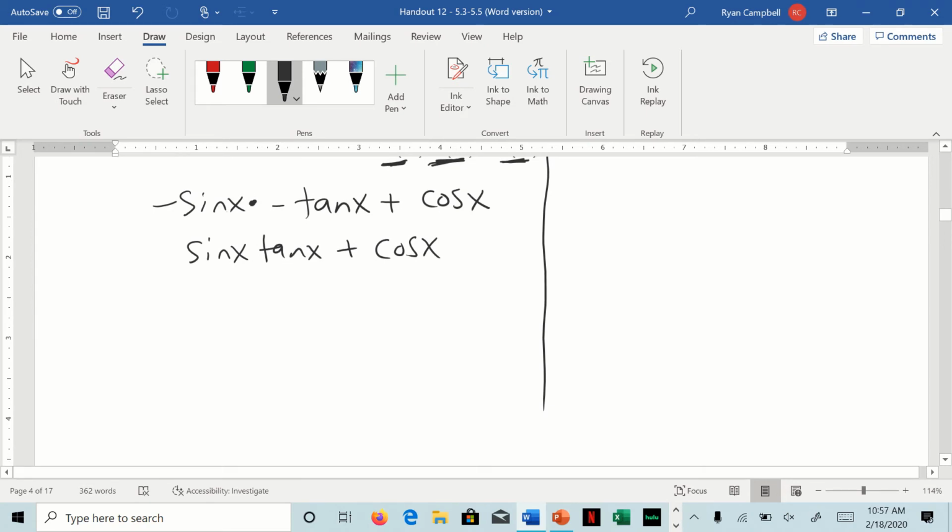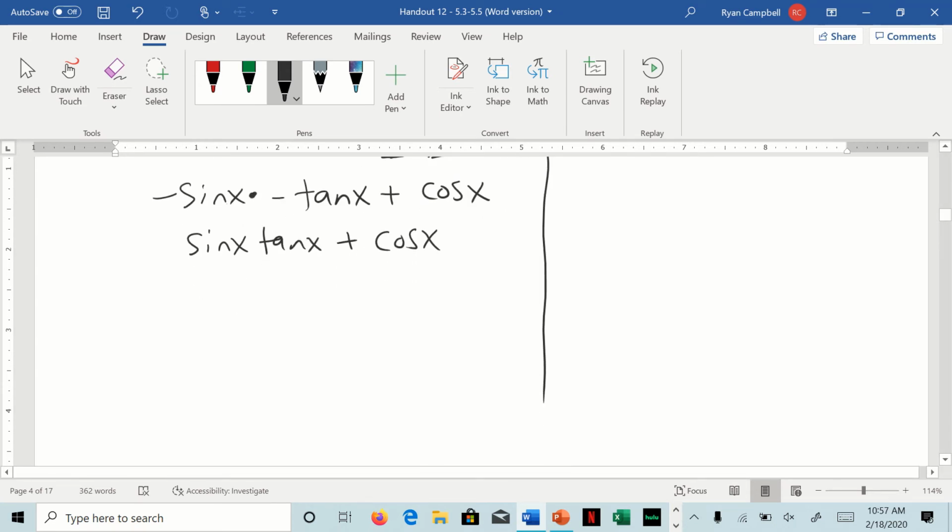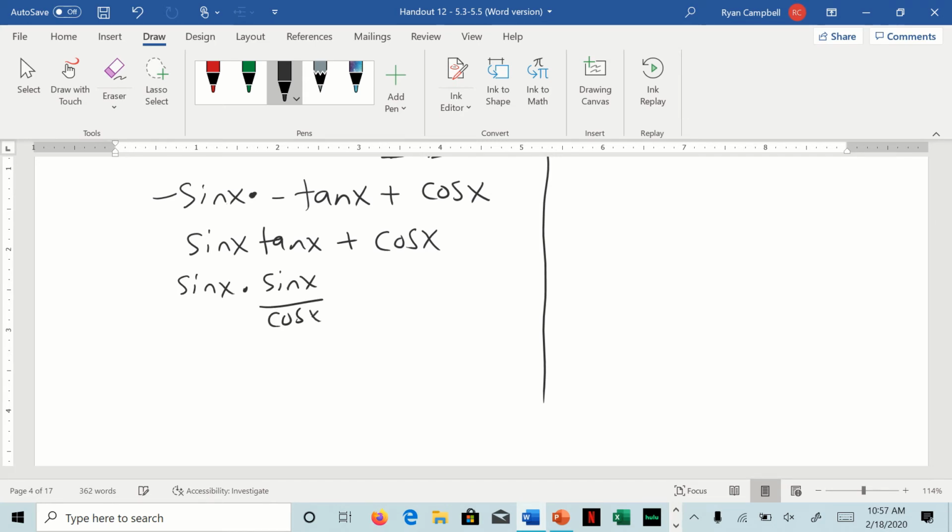All right, now, what do we do? Well, we could start with the other side, or we could just turn everything into sine and cosine. So we got sine x times, remember tangent is sine over cosine. So that's sine squared x over cosine plus cosine. So we can make this have a common denominator, right?